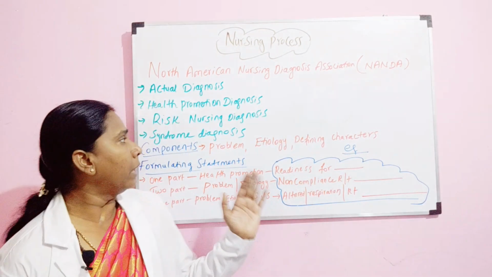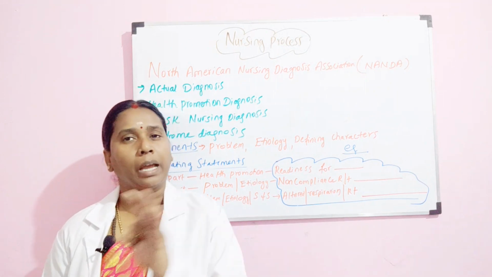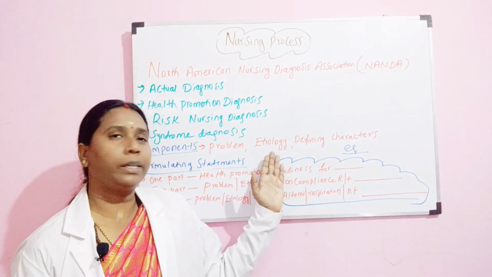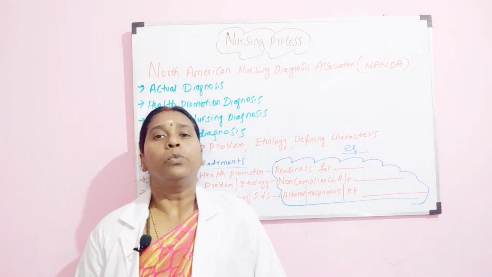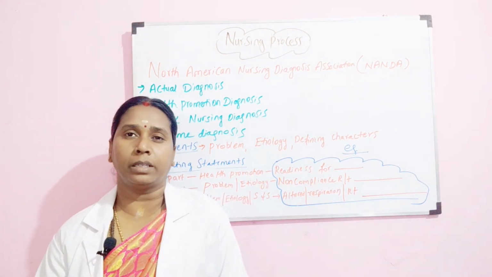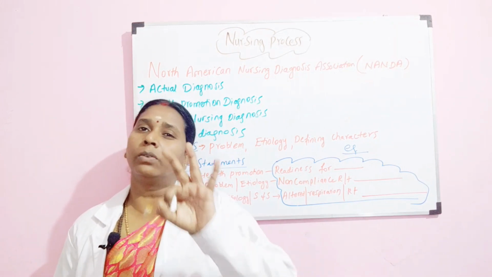Now we have the components of the nursing diagnosis. We have 3 components: the problem, then the etiology, and the defining characteristics. Whenever you formulate a nursing diagnosis, the diagnosis must comprise 3 areas.